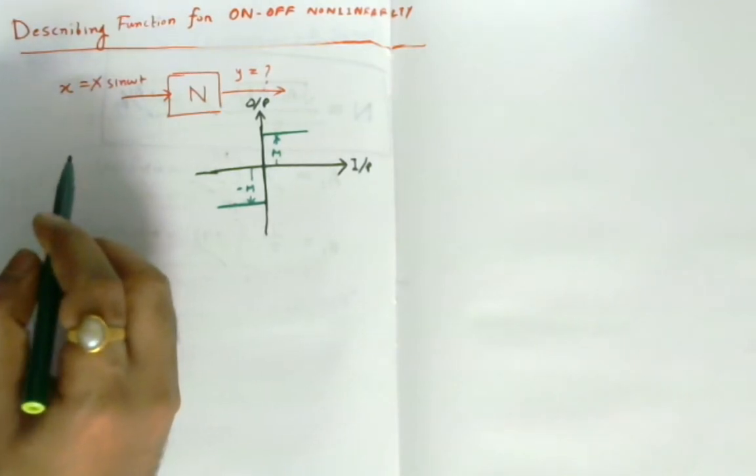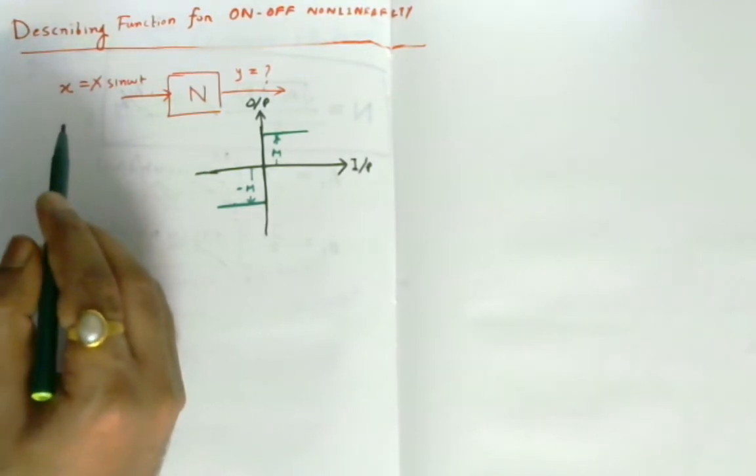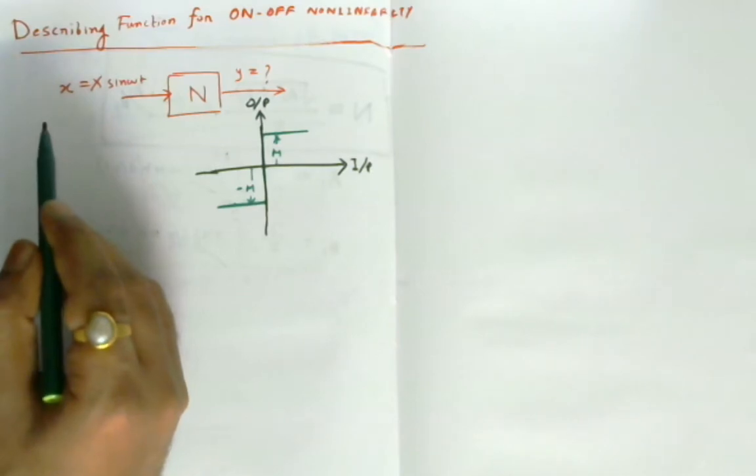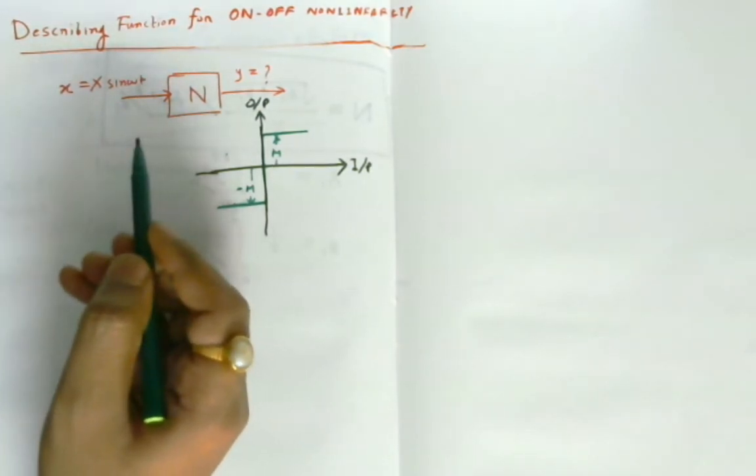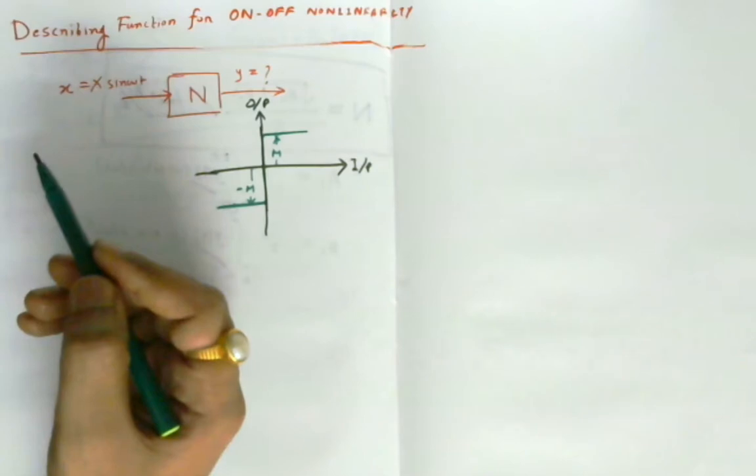Now I am going to draw the waveform, and the waveform also requires x-axis and y-axis, but the waveform requires the x-axis to be the time axis, and y-axis is the amplitude.